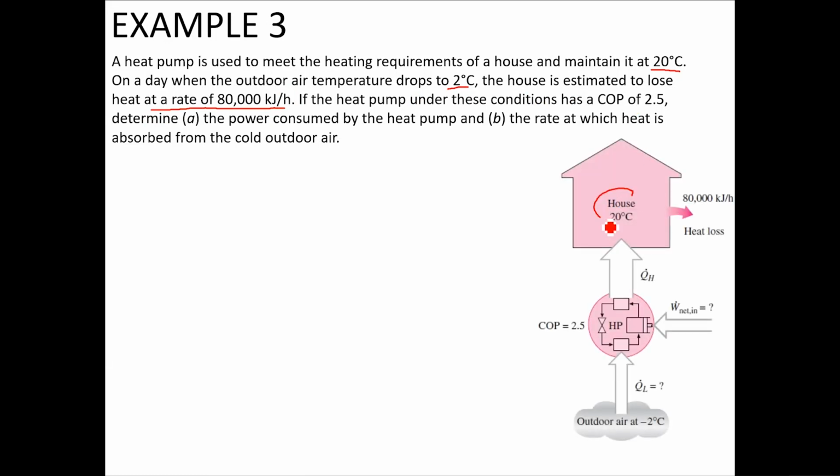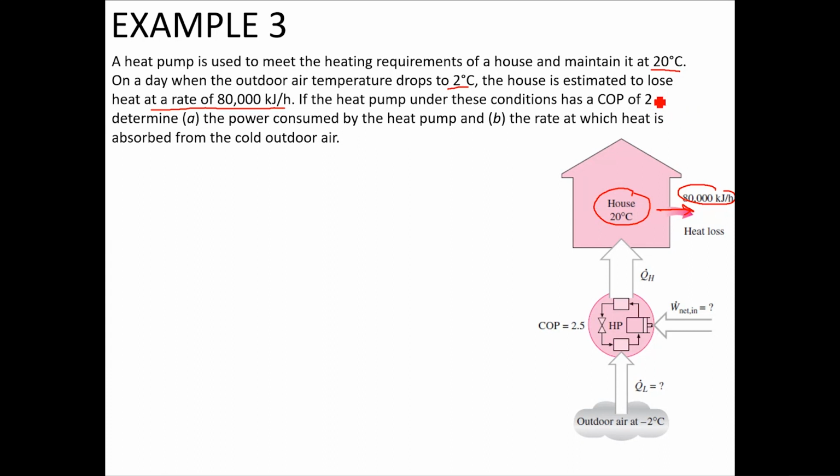So your house is at 20 degrees centigrade, and when the outside temperature is 2 degrees centigrade, the house is essentially losing heat at the rate of 80,000 kilojoules per hour.